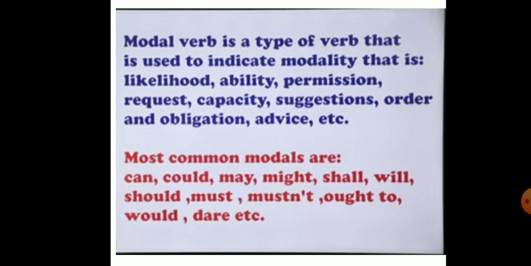That means modals give us the mood of the sentence, what the sentence is referring to, whether it is likelihood, ability, permission, request, capacity, suggestion, order, obligation, advice, etc. The most common modals are can, could, may, might, shall, will, should, must, ought to, would, dare, etc. These are the common modals which we use in a sentence.